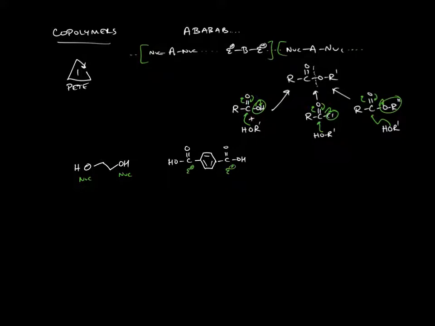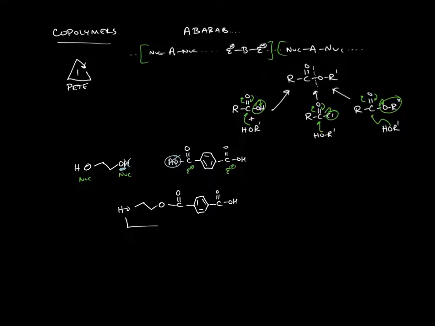So we could heat this up, and these guys would do Fischer esterification, where your alcohol right here would be your nucleophile. And we would lose that hydrogen, we would lose this OH, and we would make a brand new bond between that oxygen and that carbonyl, making ourselves a brand new ester. And that would just be if we did this one time.